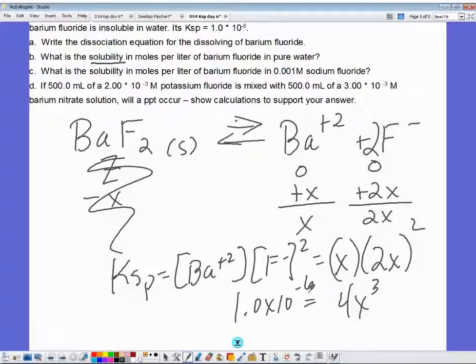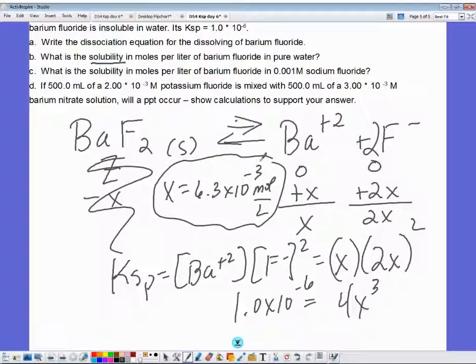And when I go to do that math, I first divide by 4, which gives 0.25. Then 0.25 times 10 to the minus 6 raised to the 1/3 power gives me an x value of 6.3 times 10 to the minus 3 moles per liter. It will always be in moles per liter. You would have to multiply it by molar mass to make it a grams per liter value, and then divide by 1,000 to turn it into a grams per milliliter value, right? Okay, that's how I do B.